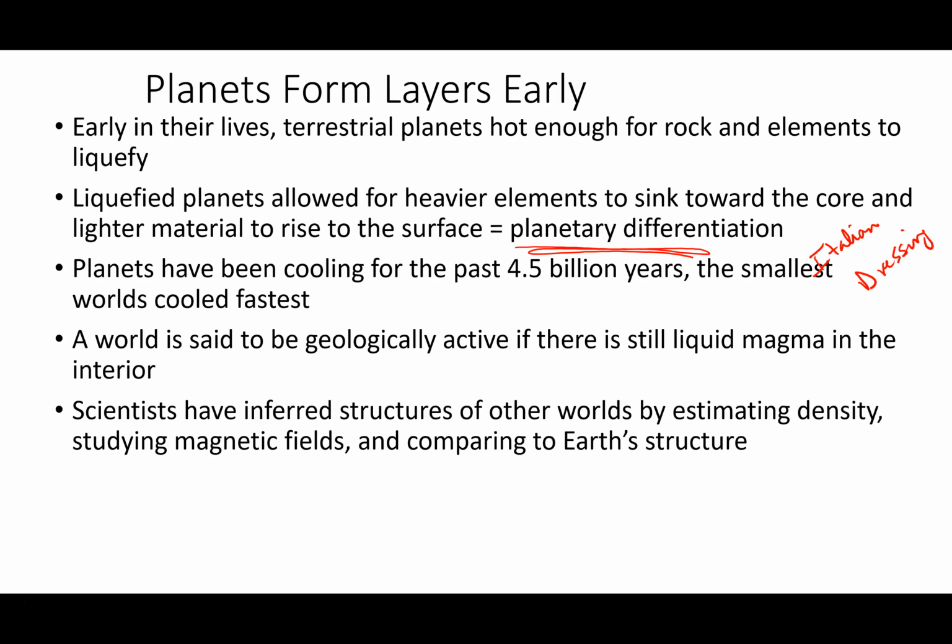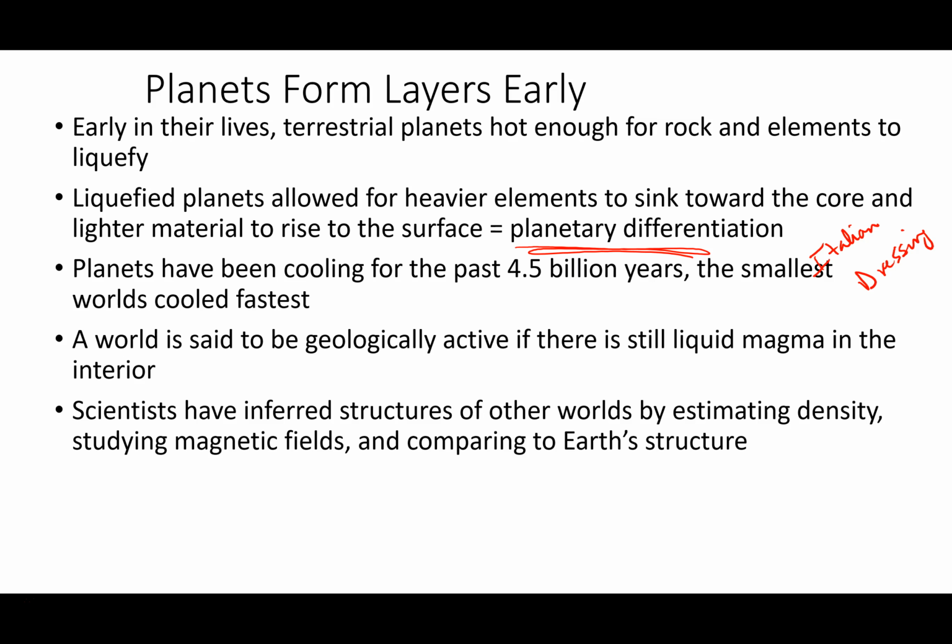So you've got to think of these planets as a little bit warm as they got bigger and bigger. With that warmth, there was a bit of what I call ooey-gooeyness. And with ooey-gooeyness, just like your salad dressing, heavy things sink and lighter things rise. That's planetary differentiation in a nutshell.